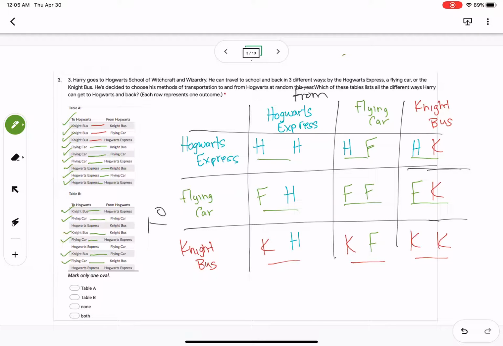So Hogwarts Express to Knight's bus, check. Hogwarts Express to flying car, check. Hogwarts Express to Hogwarts Express, check. So both table A and table B did have both of them here. So this answer would show both. All right, moving on.